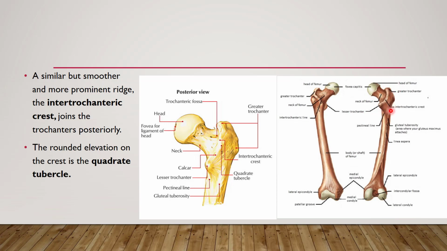The round elevation on the crest is called the quadrate tubercle. Okay, the quadrate tubercle is present on the posterior surface over the intertrochanteric crest, so you have to remember this. This quadrate tubercle is visible in this diagram, on the posterior surface on the intertrochanteric crest.